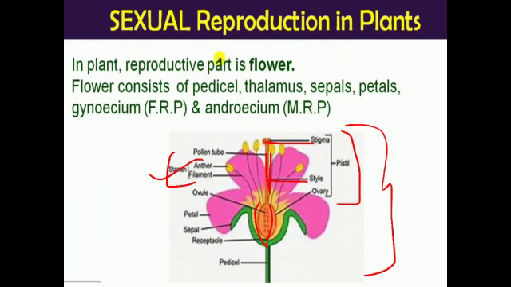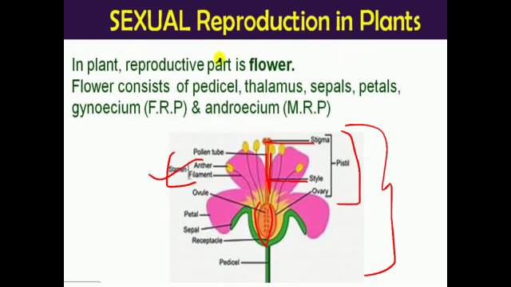We know that the stamen produces pollen grains. These pollen grains produce the male germ cells, and these male germ cells fuse with the female gamete present in the ovule. So the ovary consists of ovules, and the ovule consists of the female gamete.